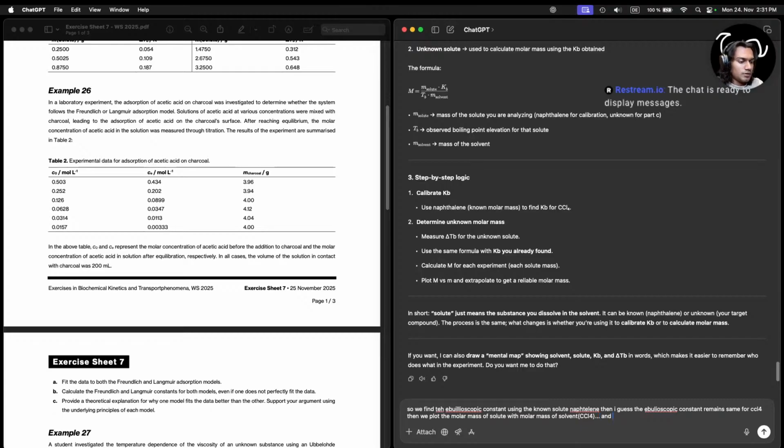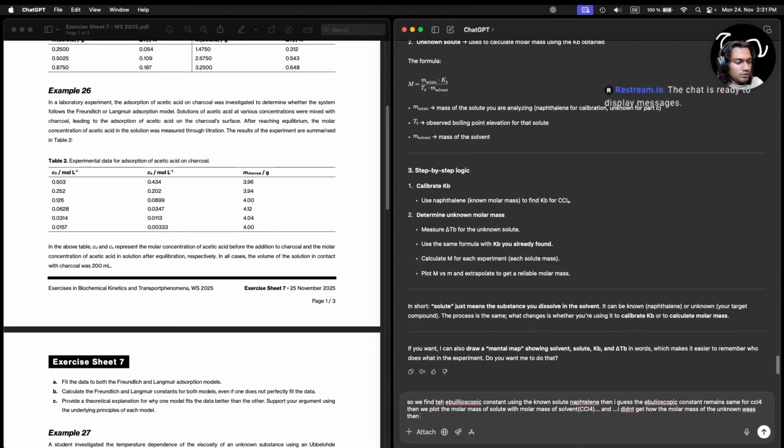And I didn't get how the molar mass was then obtained after this graph.